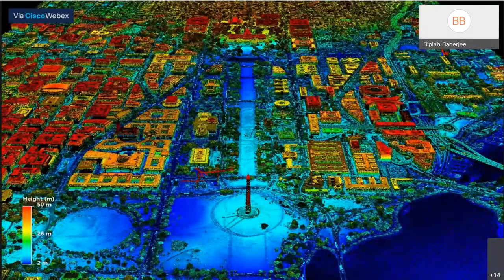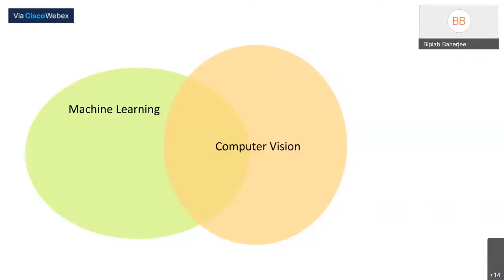This is another point cloud data, as you can see. Each pixel is basically a point having some lat-long and depth information. Now, of course, if you see computer vision in general, there are many problems in vision that can be solved using machine learning.